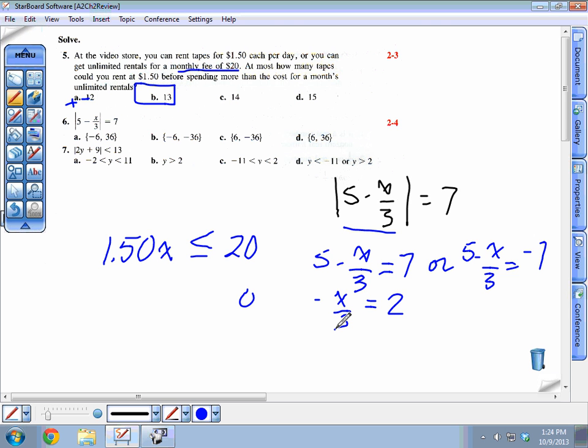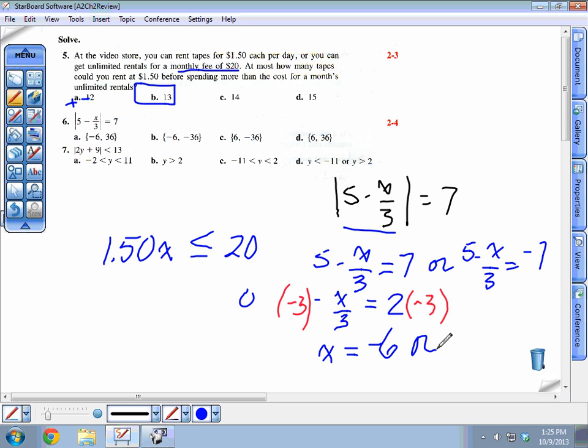This is the same as minus 1/3 times x. So I'm going to multiply by a negative 3, both sides, to get rid of it. And then I just end up with x is equal to, and I don't have an inequality sign, so I don't have to flip anything, minus 6.